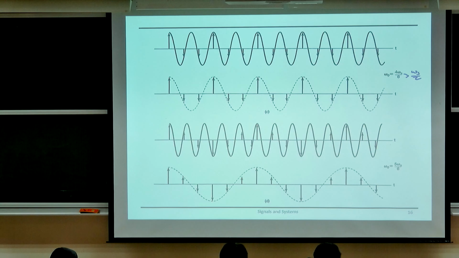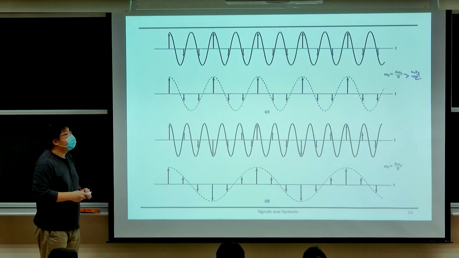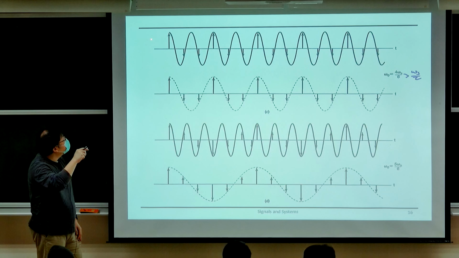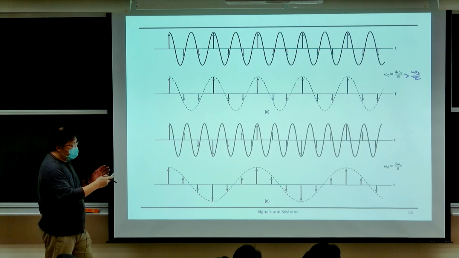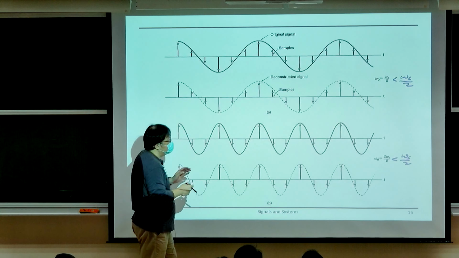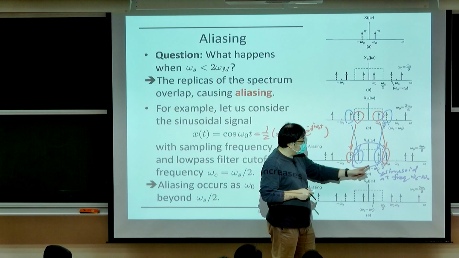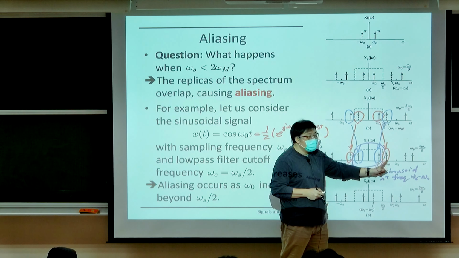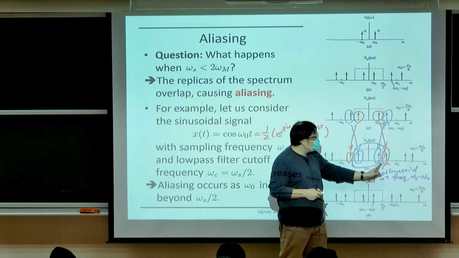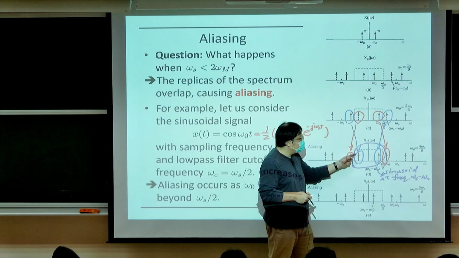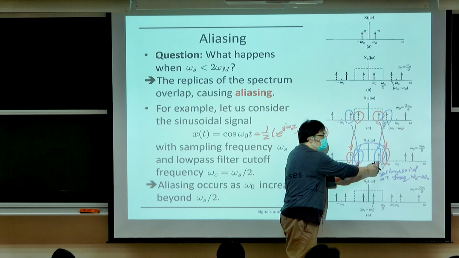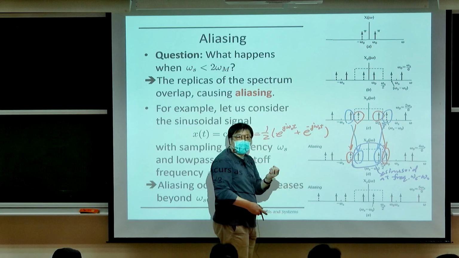Okay. Then what happens? Originally, your sinusoid should be at a really high frequency, right? So originally, your omega naught is at a very high frequency, but after sampling and low-pass filtering, you actually get back a sinusoid at a much lower frequency.